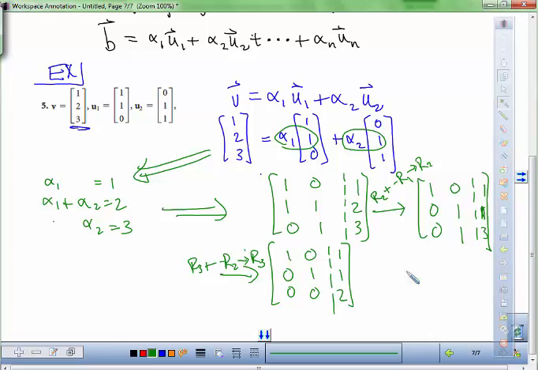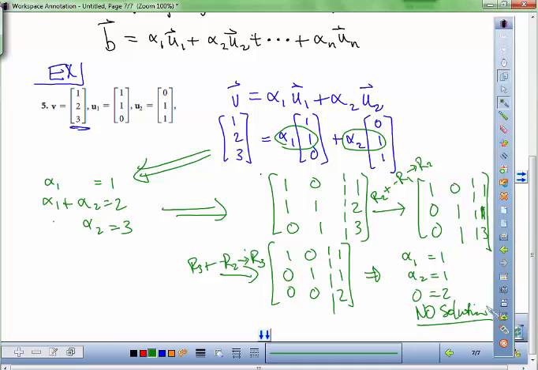Uh-oh, now what? So what does this say? This says no solution. It says that alpha 1 equals 1, alpha 2 equals 1, and 0 is equal to 2. Right? So we finally run into a problem where we have no solution. In terms of the language that they have, is this consistent or inconsistent?